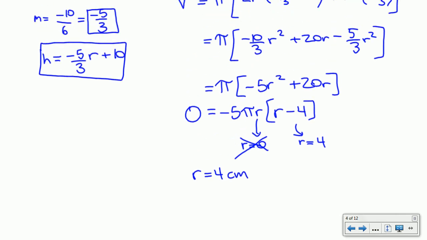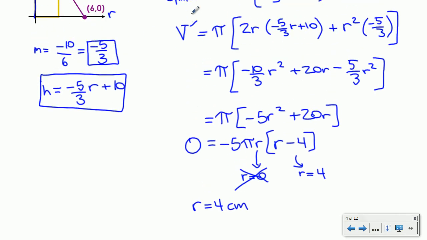So it would be prudent for us to check that this is indeed a maximum. So we should do the second derivative. We can maybe use this one. It's a little bit simpler. So it would be pi, and that would be -10R plus 20.